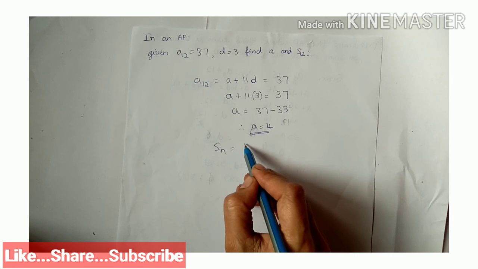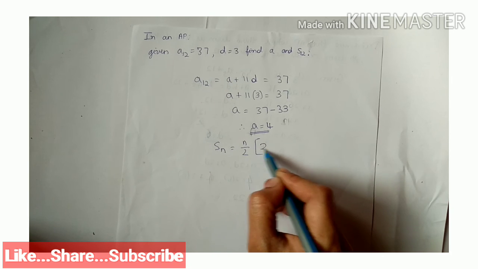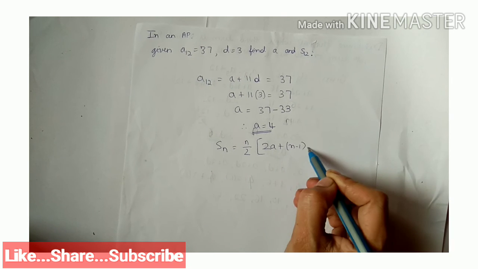Sn is equal to n by 2 into (2a plus n minus 1 into d).